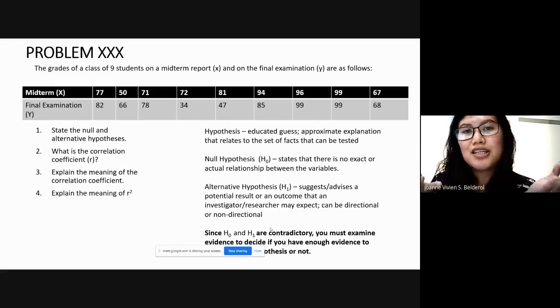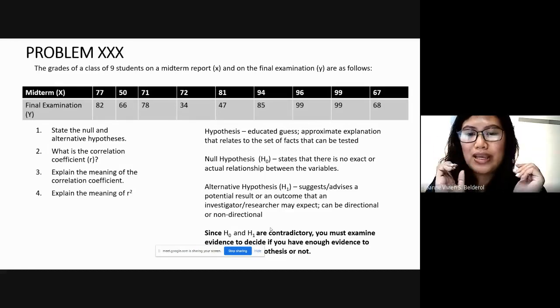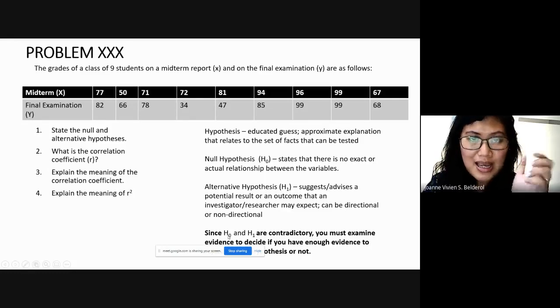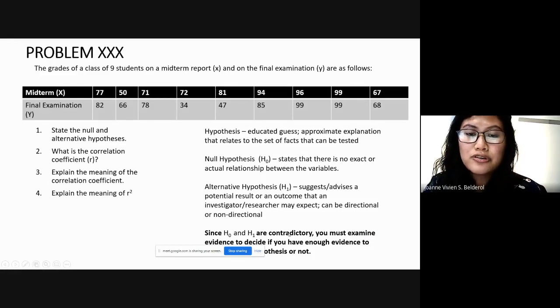When you say non-directional, you're just saying generically that there is a relationship. So, that's H0 and H1. Since H0 and H1 are contradictory, you must examine the evidence, in this case the computation, to decide if you have enough evidence to reject the null hypothesis or not.